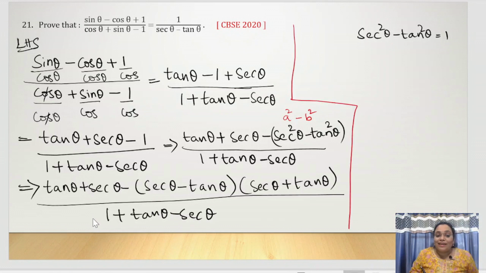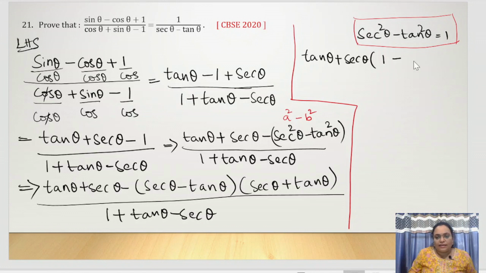Okay. Now see here, I can take tan theta and secant theta common. Yes, because you have tan theta and secant theta here and you have tan theta and secant theta here. Yes, so I will take tan theta plus secant theta common for these both. If I take it common, you will have 1 minus secant theta plus tan theta.